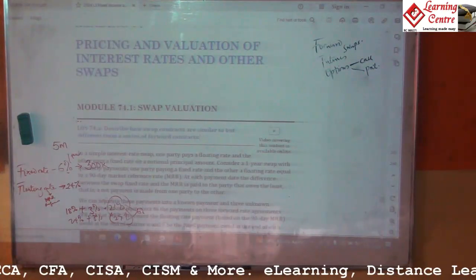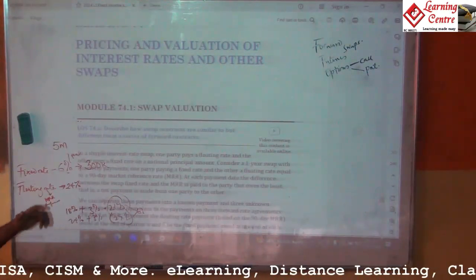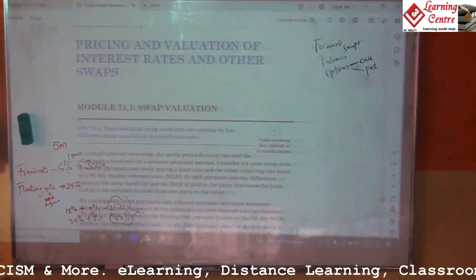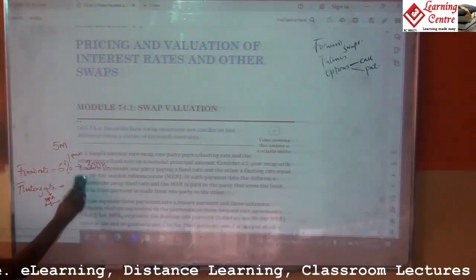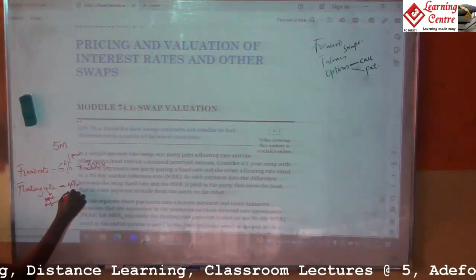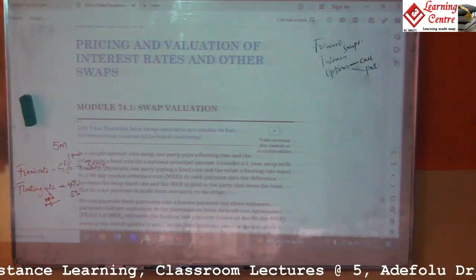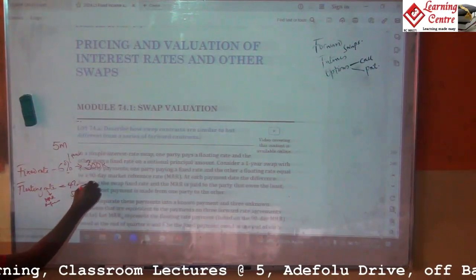So that's what we are trying to say here. When you move from a fixed rate to a floating rate, you are moving to a rate that is indexed on something. So in this case, you believe that this rate will move from maybe 4%, 5%, and so on. So what happens if it goes to 4%? 4% of 5 million is what? 200K.